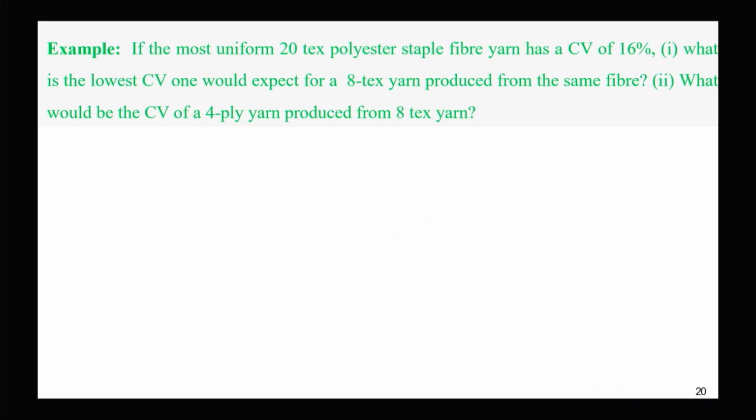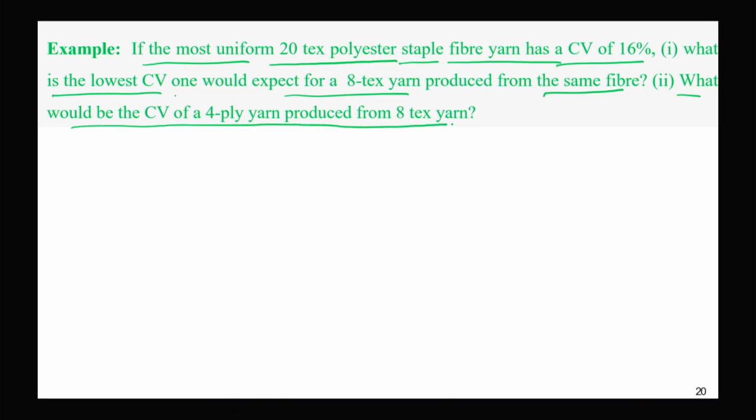Okay. Next, if the most uniform 20 tex polyester staple fiber yarn has CV% of 16, what is the lowest CV of 8 tex yarn produced from the same fiber? And what would be the CV% of 4 ply yarn made from 8 tex yarn?